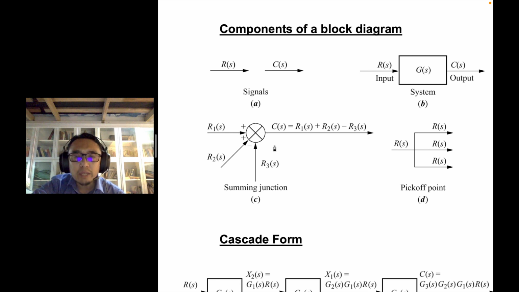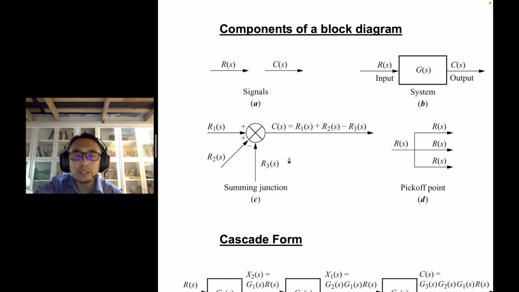Then we could have a summing junction, represented by this symbol, where we may have several signals going into the summing junction together, and the output is just the summation of the signals going into the junction.